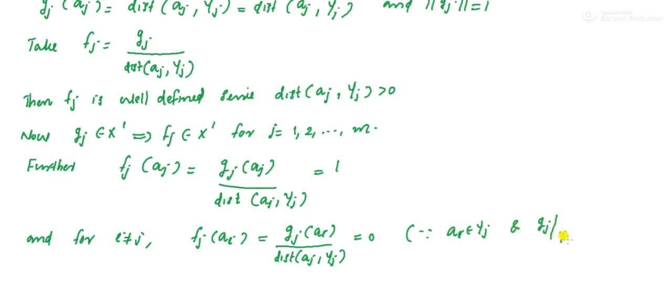Okay, that is, here we got for i equal to j, Fj of aj equal to 1, and for i not equal to j, Fj of ai equal to 0. Therefore, Fj of ai equal to delta ij, 1 less than or equal to i, j less than or equal to m. This is the proof of C part.